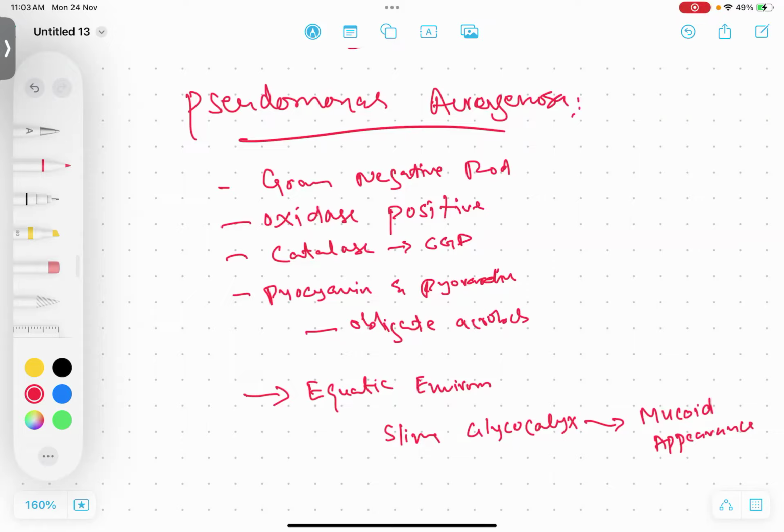Once they are established, for example in the respiratory tract, these organisms produce macrocolonies, and they produce this slime layer of glycocalyx, which protects them from different immune responses, for example, from antibodies.